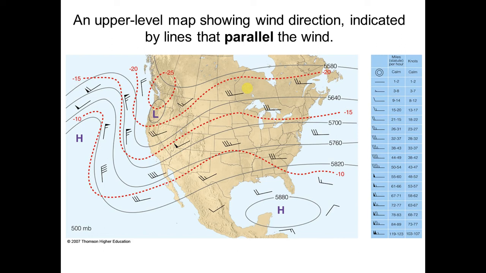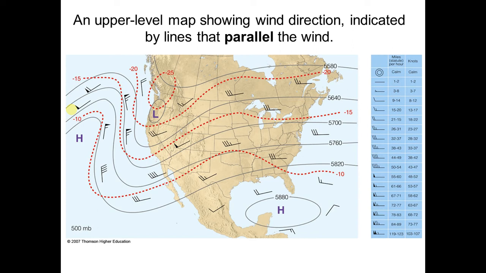Where the lines are straight, there's a balance between the pressure gradient and Coriolis forces, and a geostrophic wind flows. But around curved contour lines, the pressure gradient force and Coriolis forces are the only real forces acting on the air.